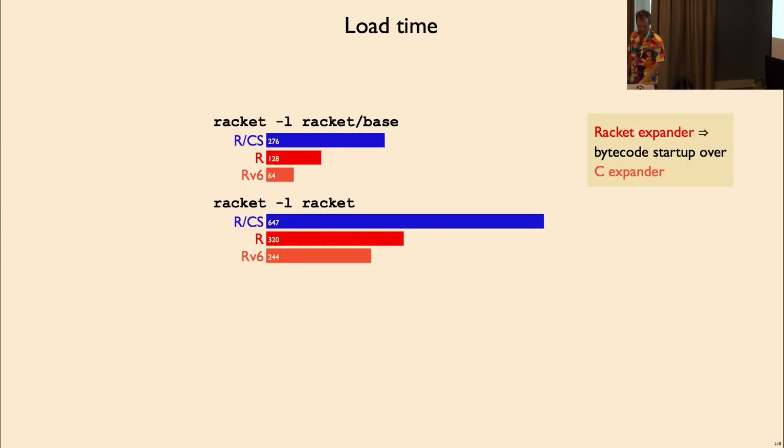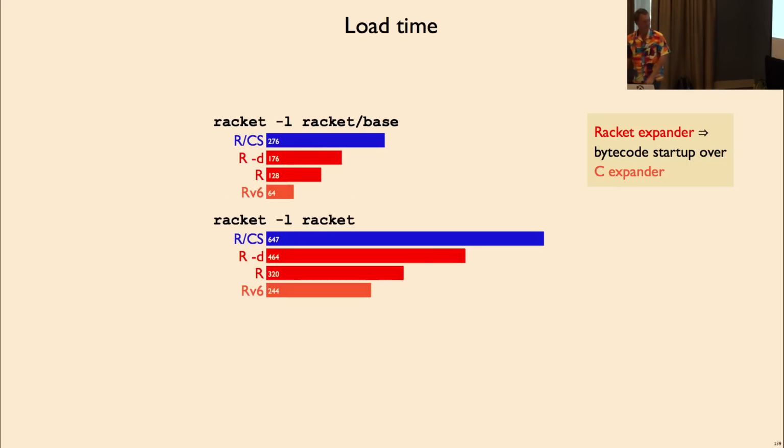So then you start to feel it. In fact, one way that Racket gets faster is by not actually parsing all the bytecode that you ask it to parse when you start up a program. It does it lazily. If you use -d, it turns that off. You can see, just parsing the bytecode or loading all of the code you asked it to load is part of the difference here. Maybe we can do some more delayed loading of Racket libraries in Chez Scheme. So it's a possible direction.